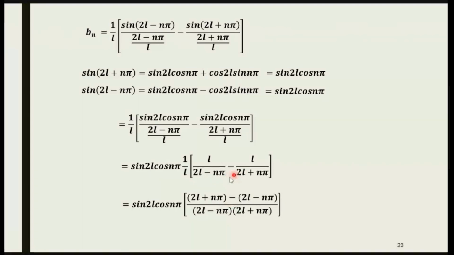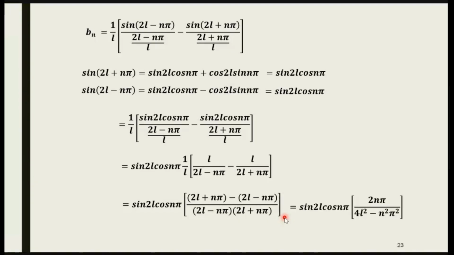Cross multiplying: 2L plus n pi minus of 2L minus n pi, upon 2L minus n pi into 2L plus n pi. 2L will get cancelled, 2n pi will remain upon 4L square minus n square pi square.